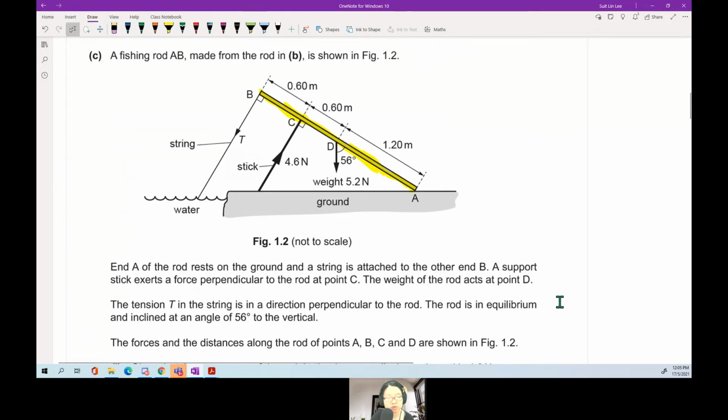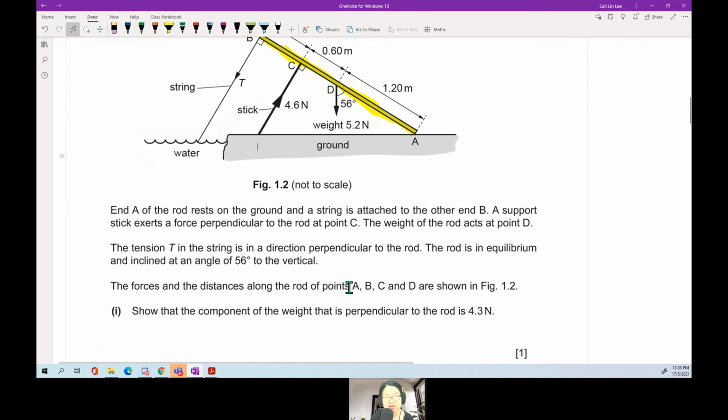The rod is in equilibrium and inclined at 56 degrees to the vertical. The forces and distances along the rod of points A, B, C, D are shown.